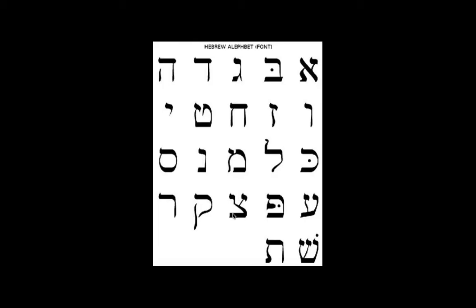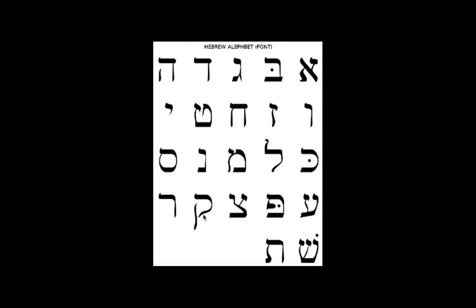We have Aleph, Bet, Gimel, Dalet, Hey, Vav, Zayin, Chet, Tet, Yud, Kaf, Lamed, Mim, Nun, Samech, Ayin, Pei, Tzadi. And this letter here is Kuf. It's equivalent to a mixture of our Q and our K, so it would be pronounced as a K. Kuf means monkey, and I tell people it looks like a monkey tail coming down here.